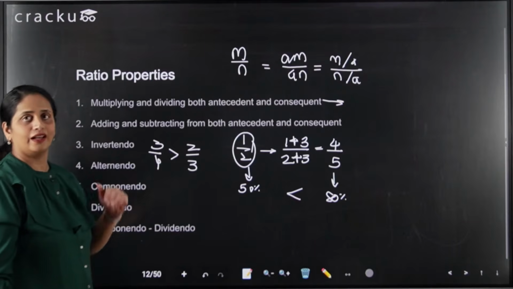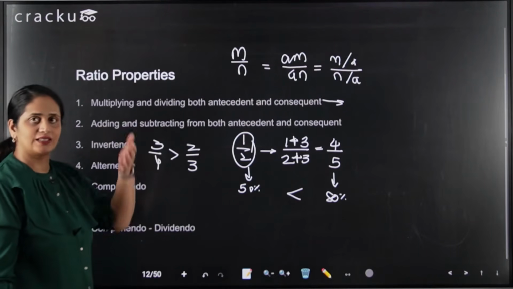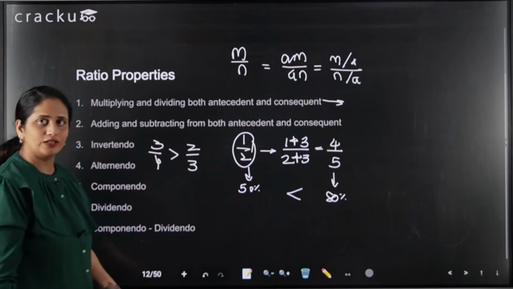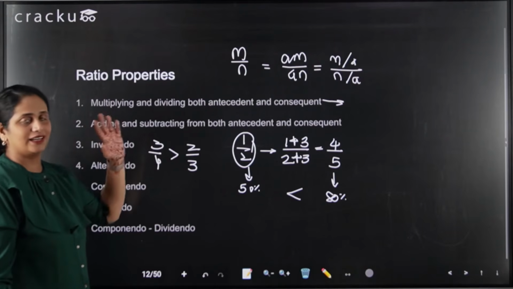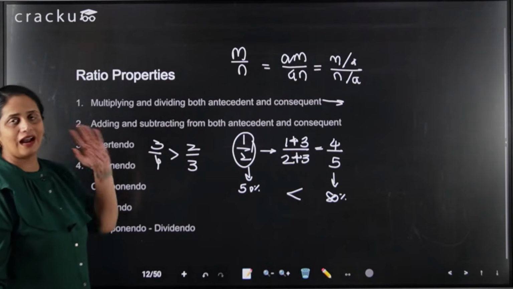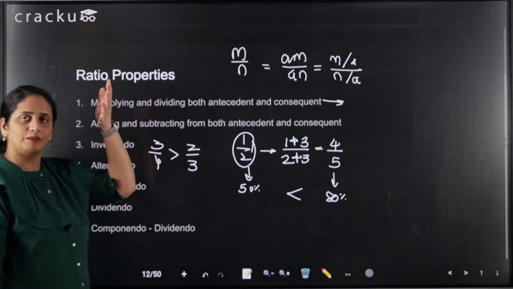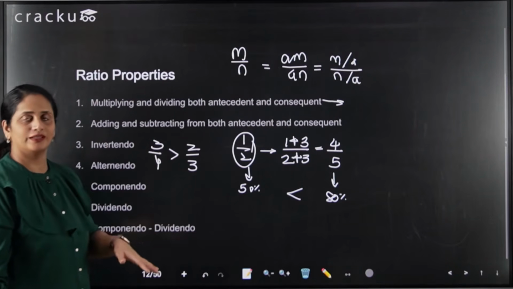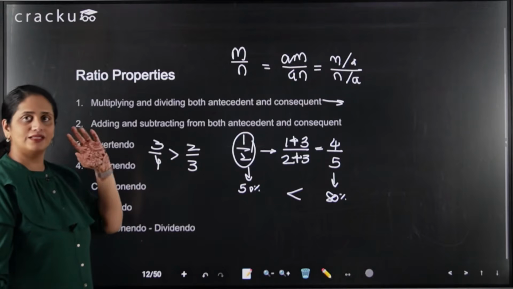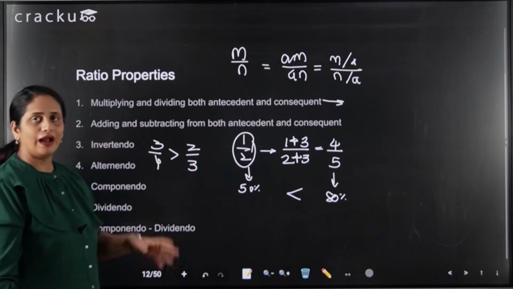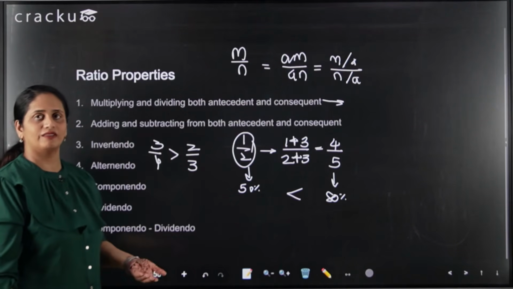So if I have a proper ratio where the denominator is greater than the numerator, that is the consequent is greater than the antecedent, if I add a value, its value will go up. If I subtract a value, its value will go down. That's all you have to remember, that when it is a proper fraction, when you add a value to numerator and denominator, the value goes up.